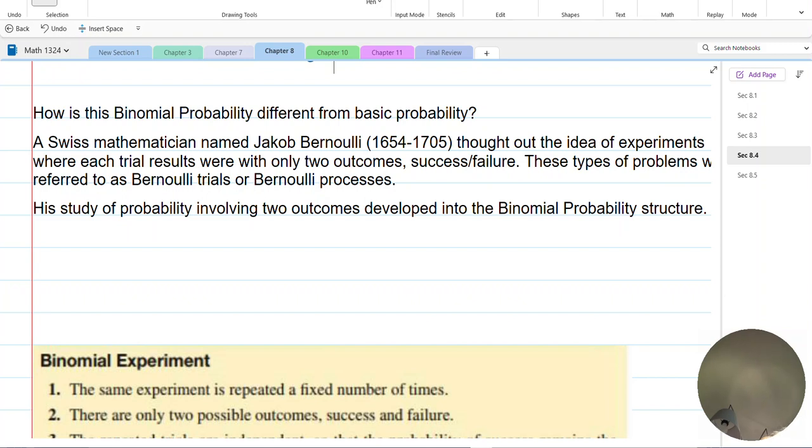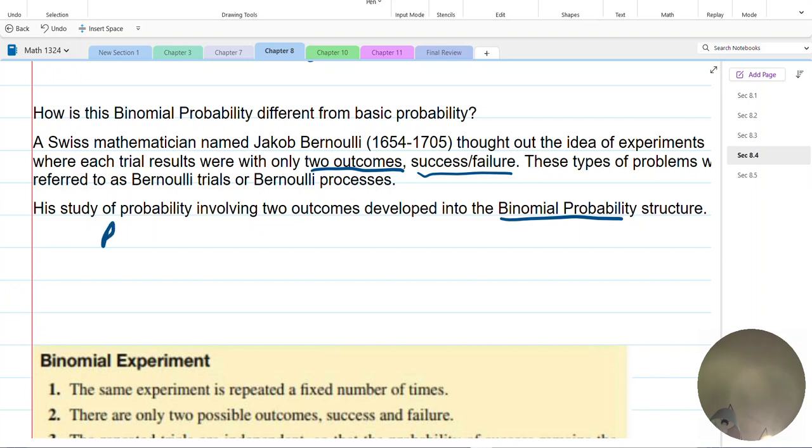And look at the time that he lived, and that means a lot of thinking took place. He thought out the idea of experiments where the trial results were only two outcomes, making it great because then we either had success or failure. These types of problems were referred to as Bernoulli trials or Bernoulli processes. The two outcomes were the development of the binomial probability.